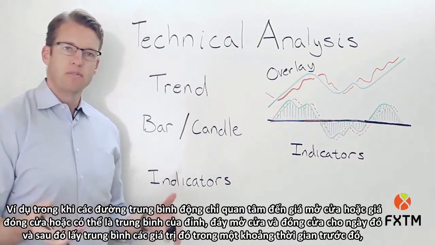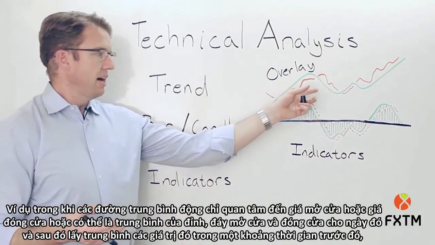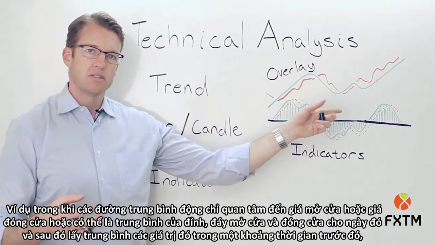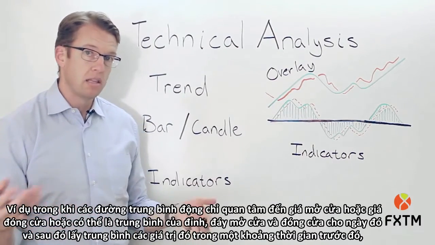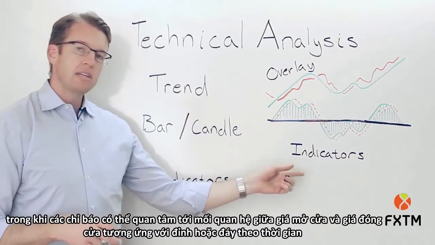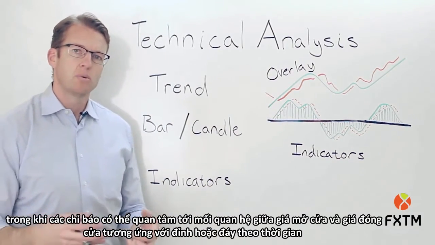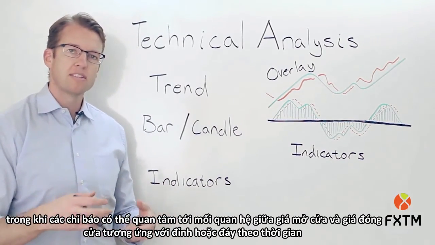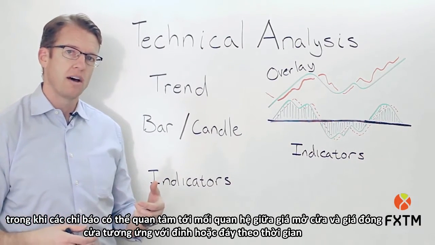So for example, some moving averages may only look at the open price or the close price, or maybe an average of the open, high, low, and close for the day, and then they'll average that over a look-back period. While indicators may look at the relationship between the open or the close price relative to the high or the low over time.